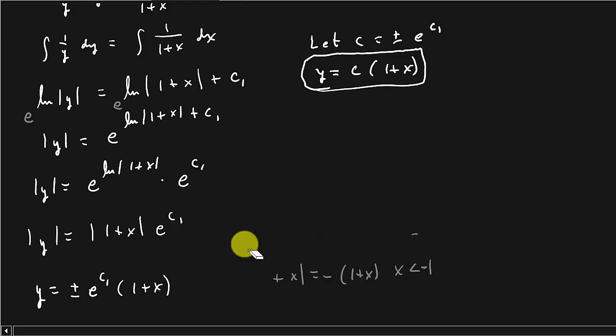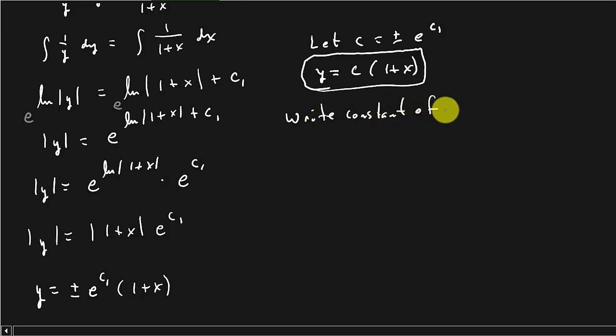Now, let me show you something else here that we could do, okay? Let's write our constant of integration, our c, as the natural log of c. So let's erase this e here and this e here. This would be natural log.